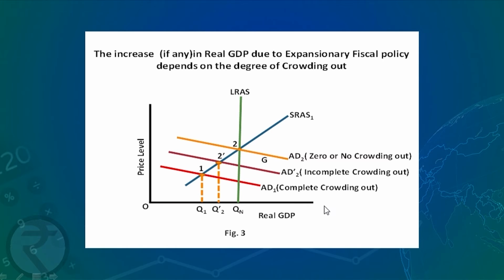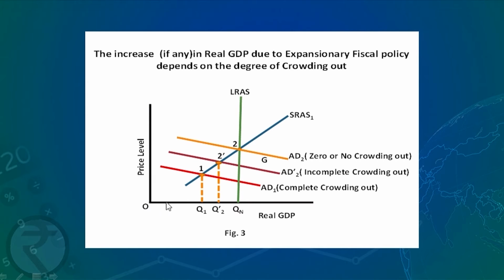We have shown real GDP on x axis and price level on y axis. Initially, there is aggregate demand AD1, it is cutting short run aggregate supply curve 1 at point 1. So, equilibrium is at point 1 and real GDP is OQ1.